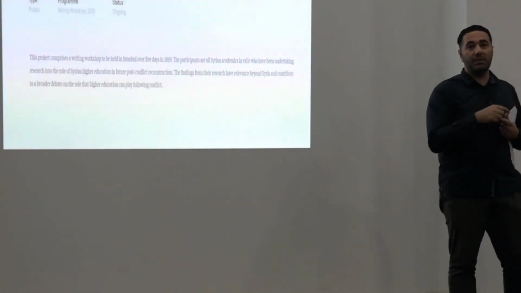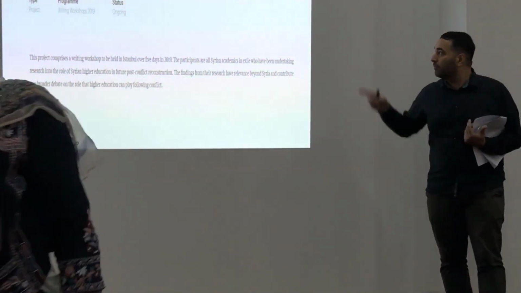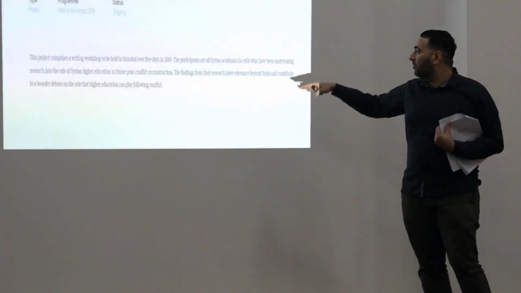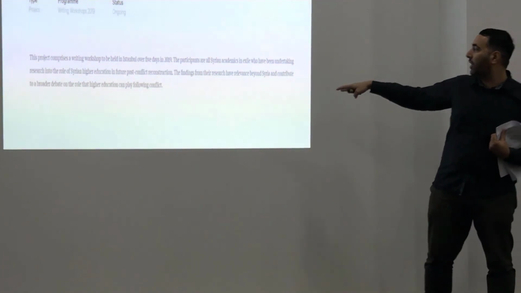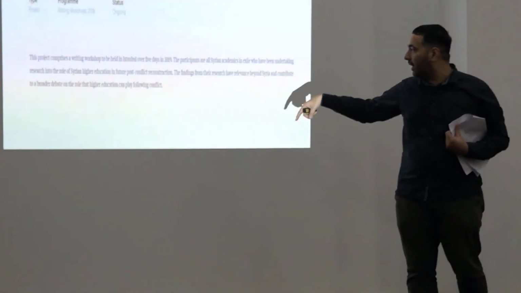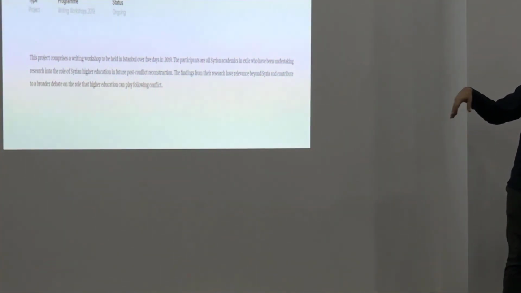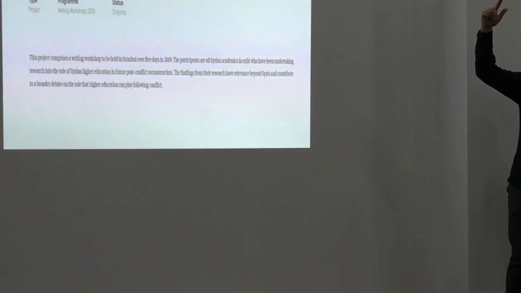And this is what Sarah has been saying: you have to position yourself in relation to the goals of the BA grant. The findings from this research have relevance beyond Syria. So again, create an impact here and contribute to a broader debate on the role that higher education can play following conflict. Three sentences, bang, bang, bang. Got the grant, £20,000.